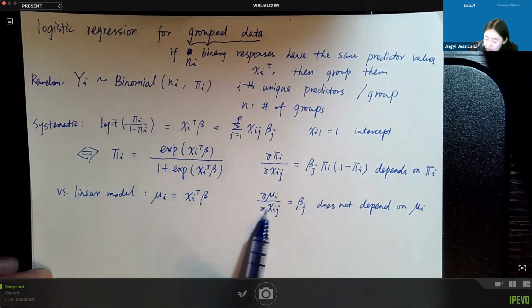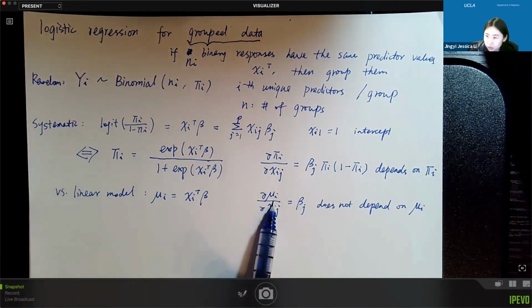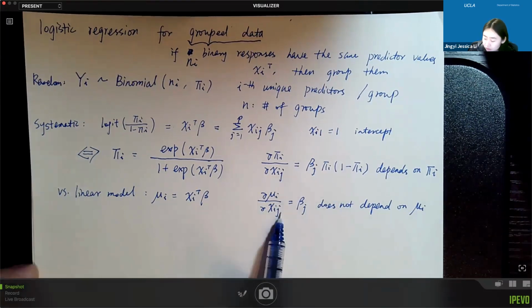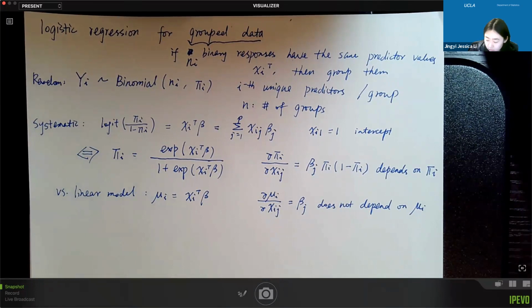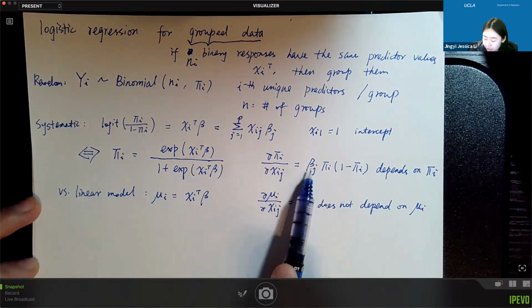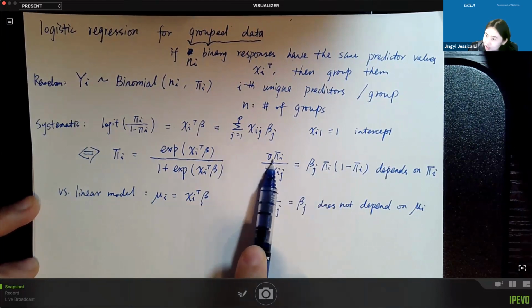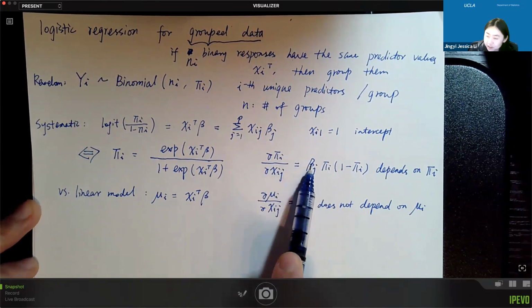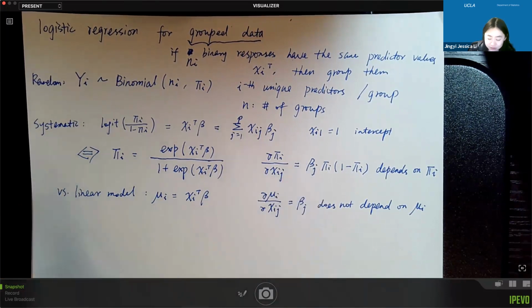However, if you think about the mean in the linear model, mu i can go from negative infinity to positive infinity, so it can vary freely. There's no such constraint on it at all. So this is very important for our interpretation of the effect of a predictor on pi i. We should not just say the effect is equal to beta j, because beta j itself is not constrained.